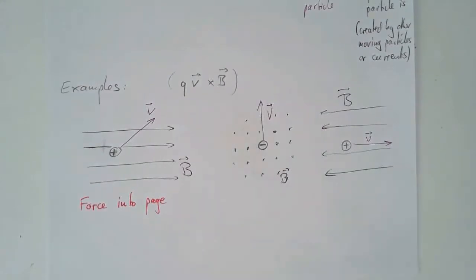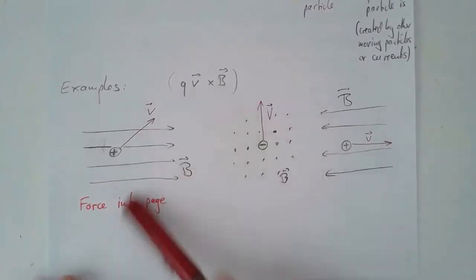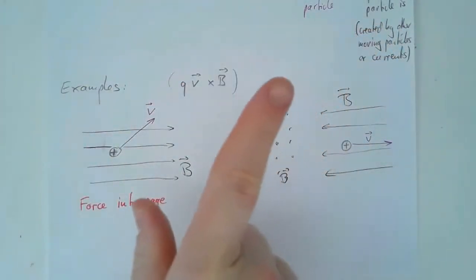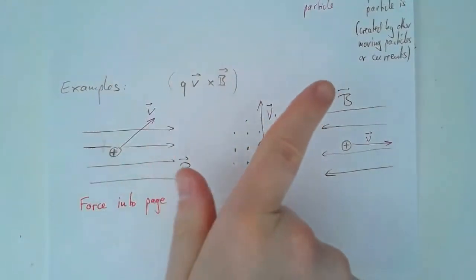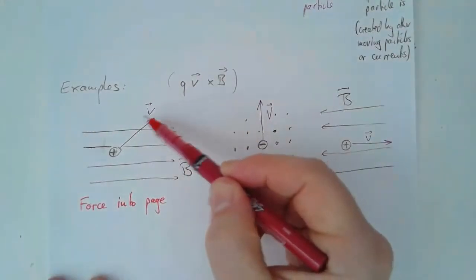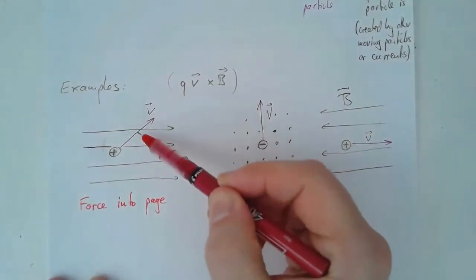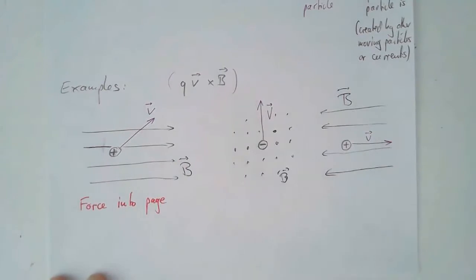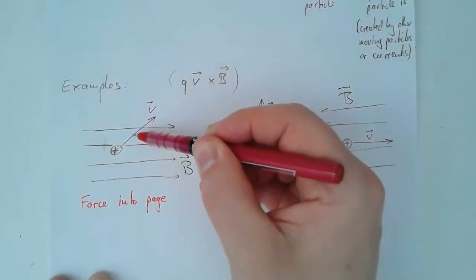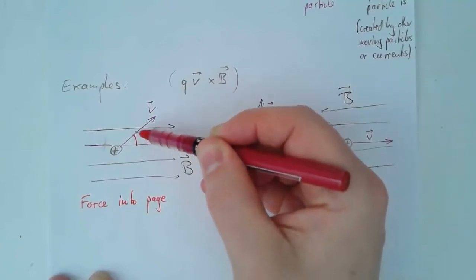In general, if you're worried about the angle of V, which way I point my thumb, not perpendicular to the direction of the field, that's my index finger, you can always just worry about the component of V that's perpendicular to B. That actually works out mathematically because the resulting vector uses the sine of that angle.